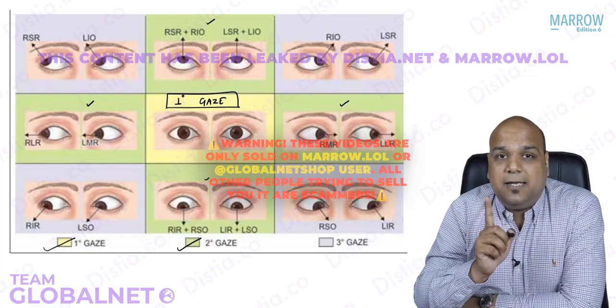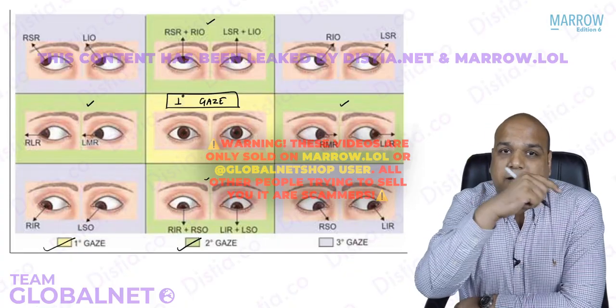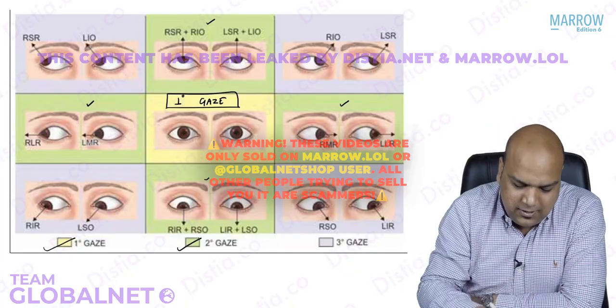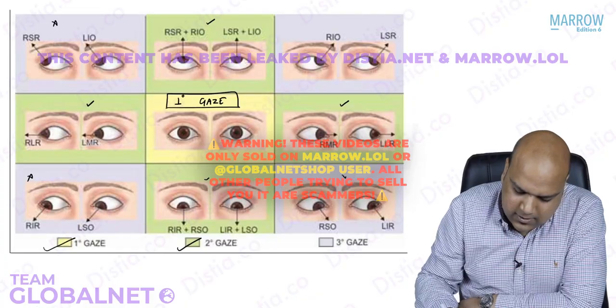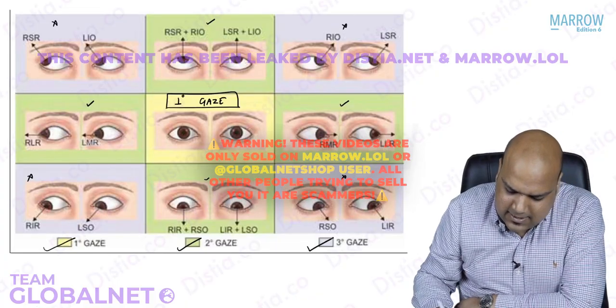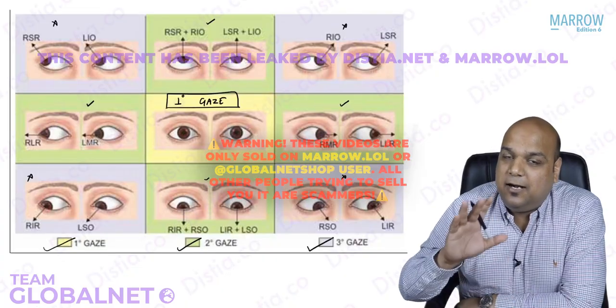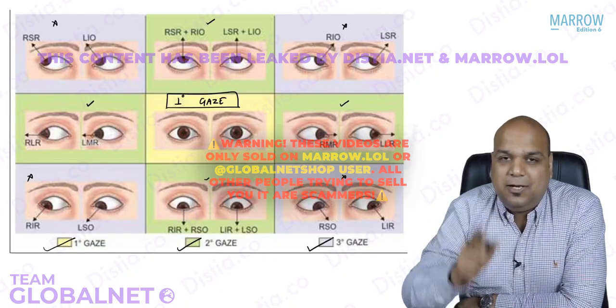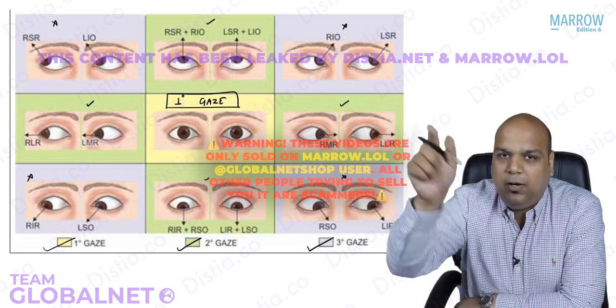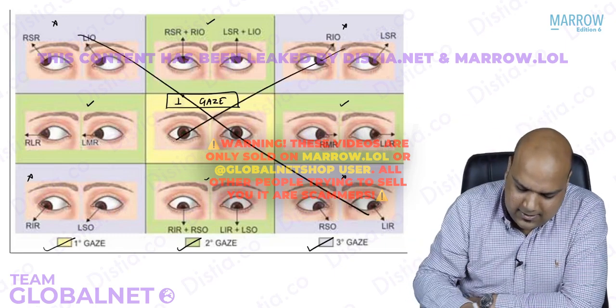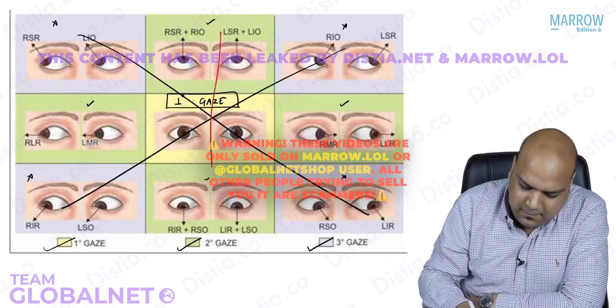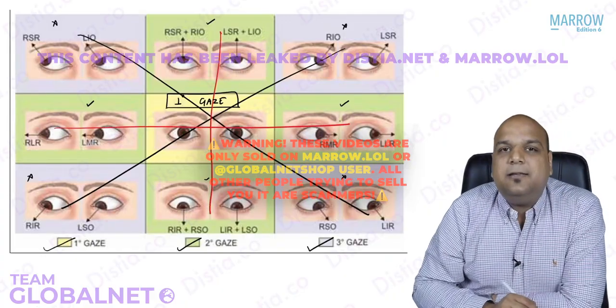And now the diagonal gazes, the dextro elevation, the levo elevation, the dextro depression, and the levo depression. These on which I have put a cross in purple boxes, everybody. These are my tertiary gazes. So I hope you understand through this diagram that there are 9 directions of gaze, 1 primary, 4 secondary, and 4 tertiary. So cross sign is tertiary, plus sign is secondary.